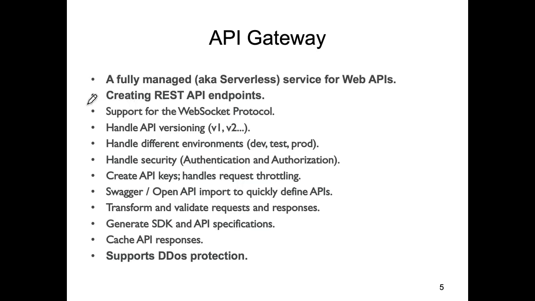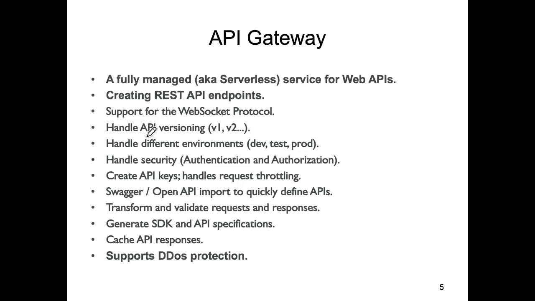API Gateway does an awful lot more, though, than just that. Now, we are only going to look at its support for web APIs, but it has many other aspects to it. For example, it supports WebSockets, the WebSocket protocol. That's a protocol that allows for server push operations.